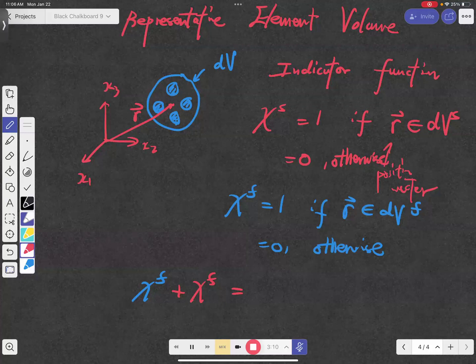It's impossible to be 2, because then I'm saying it is both solid and fluid 100%, which is not possible. Can it be 0? It cannot be 0, because it's a logical statement, so they always sum to 1. It's actually very trivial up to this point.